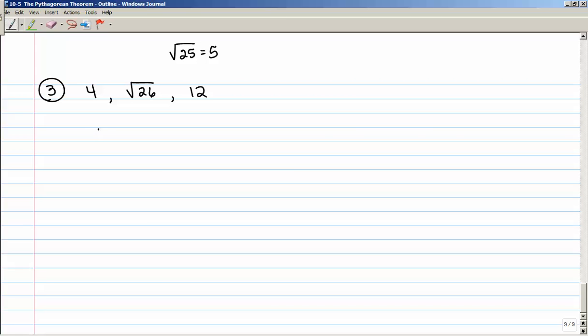So is 4 squared plus the square root of 26 squared equal to 12 squared? Is 16 plus 26, remember when you square a square root, it becomes just the radicand, equal to 144?